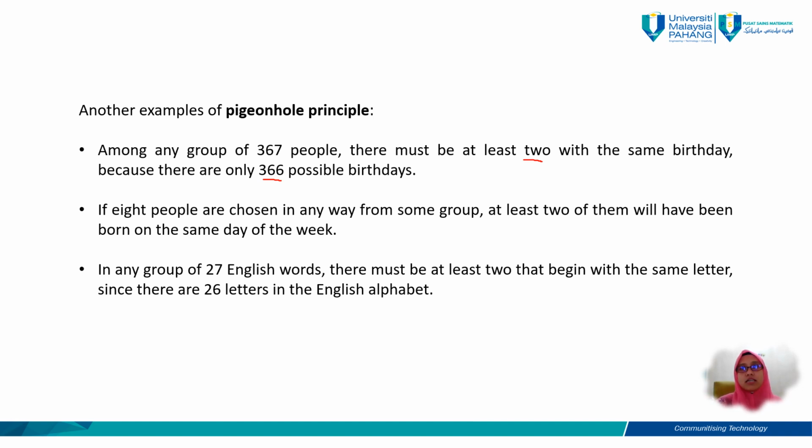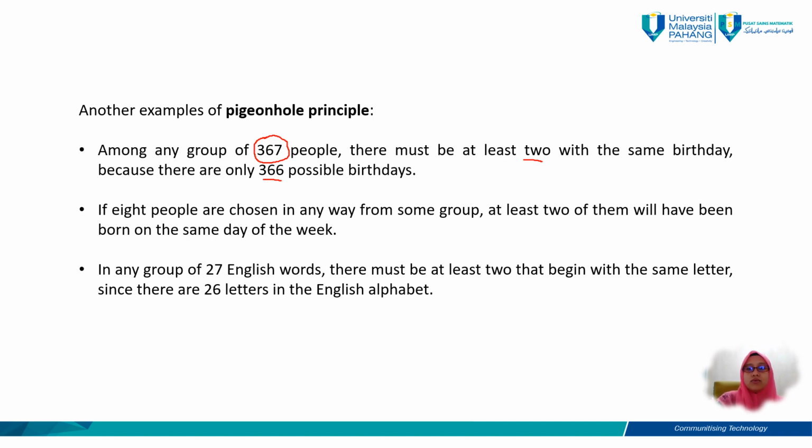Let's consider that all people have different birthdays. That means if we have 367 people, there must be at least two people who have the same birthday.